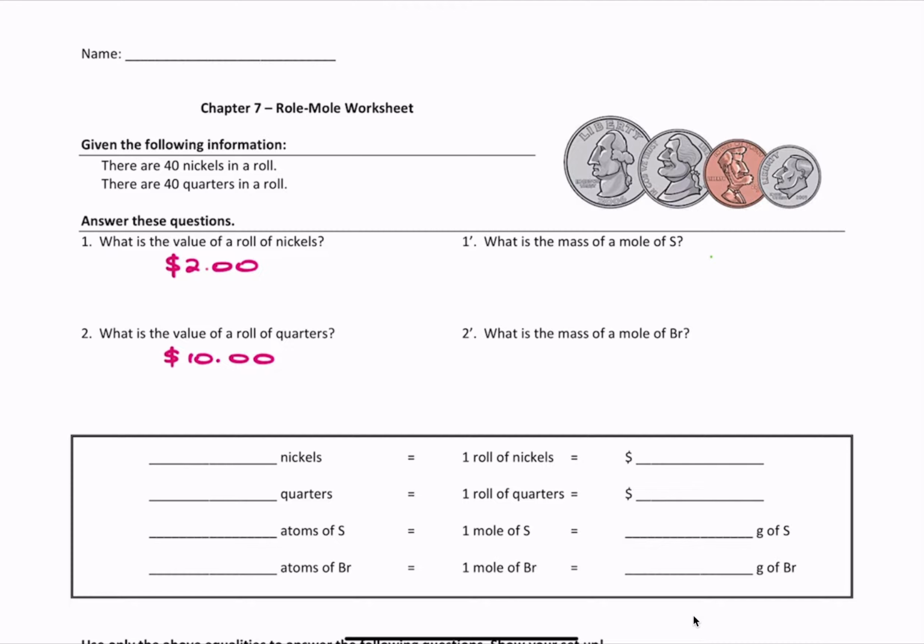Now let's take a look at question 1 prime and 2 prime. In order to answer question 1 prime and 2 prime, we will need to know the value, and the value is the same as the mass in question 1 prime and 2 prime. So where do we find the mass of a mole? The mass of a mole can be found on the periodic table.